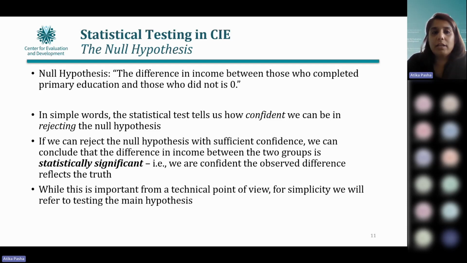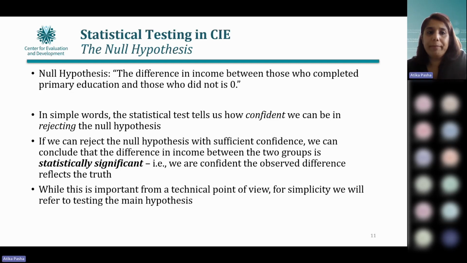And this confidence is what we will statistically measure or define as something called statistical significance. This is the confidence through which we can say that the observed difference between those who completed primary education and those who did not complete primary education is reflecting the truth of the actual scenario.